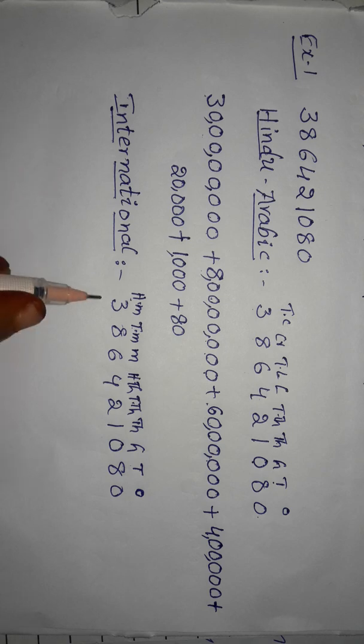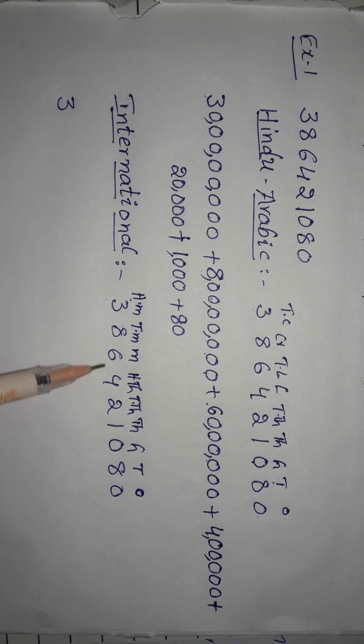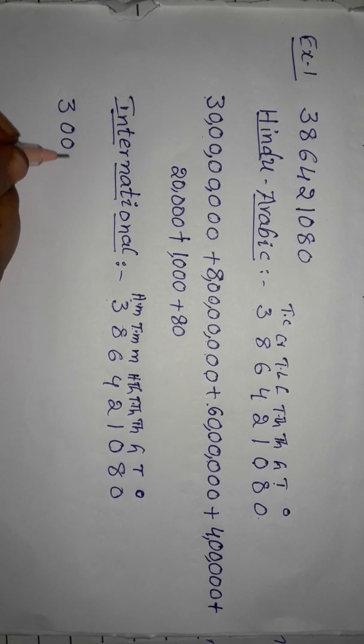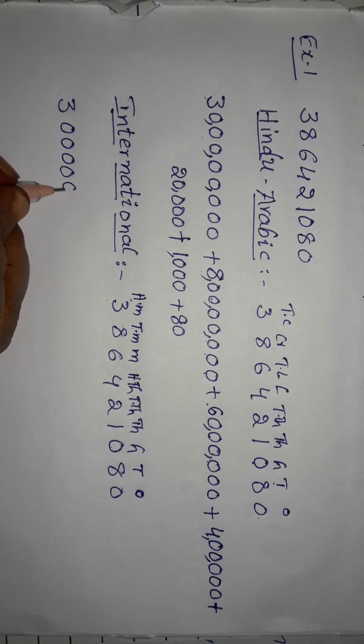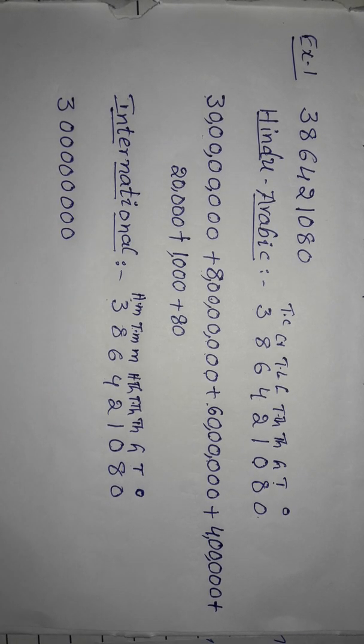Okay. What is the first digit? 3. How many zeros shall we write here? In the same way, 1, 2, 3, 4, 5, 6, 7, 8 zeros. Now we will keep commas here. How?